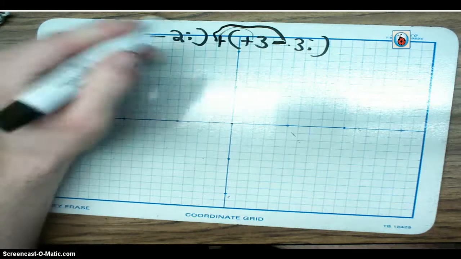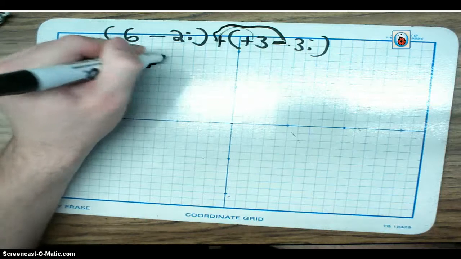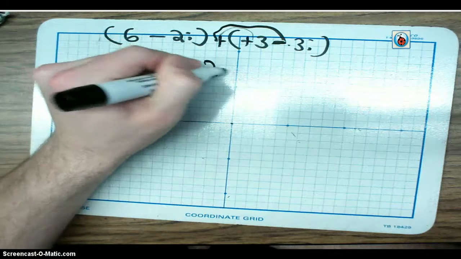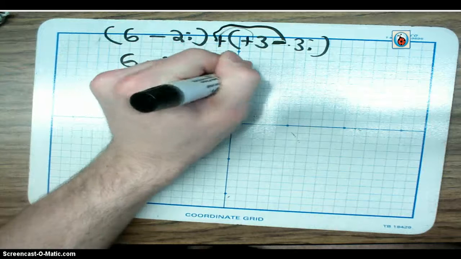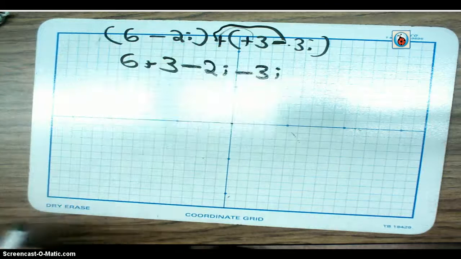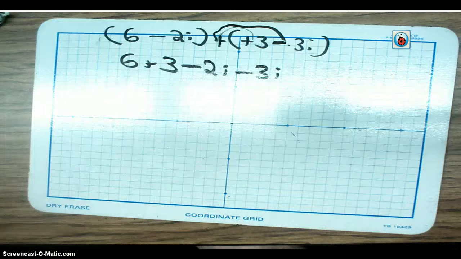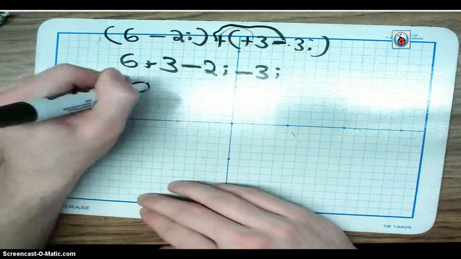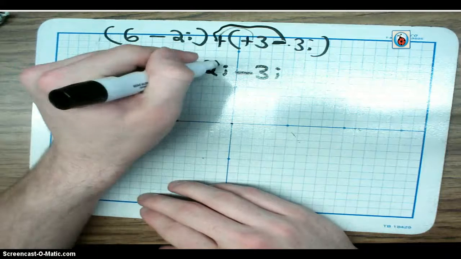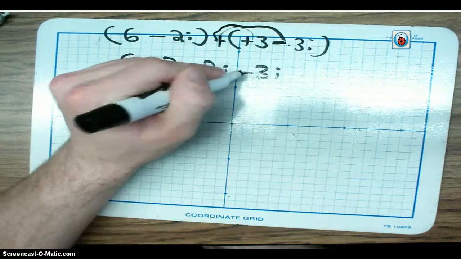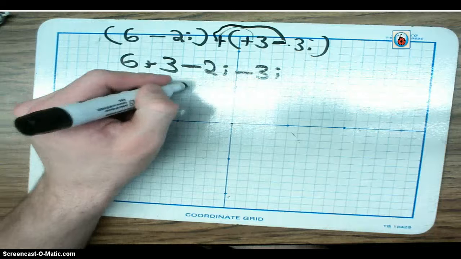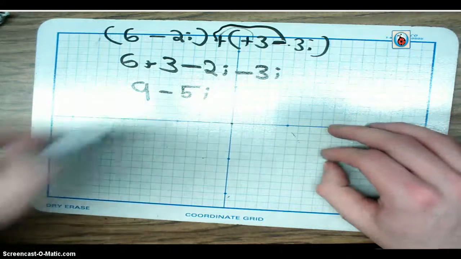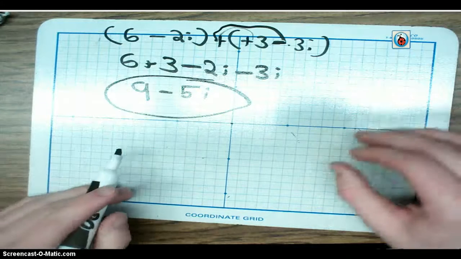So it would be plus 6 plus 3 minus 2i minus 3i. And then you just solve it from there. So 6 plus 3 is 9. Negative 2 minus 3 is negative 5i. And basically this is it for subtraction.